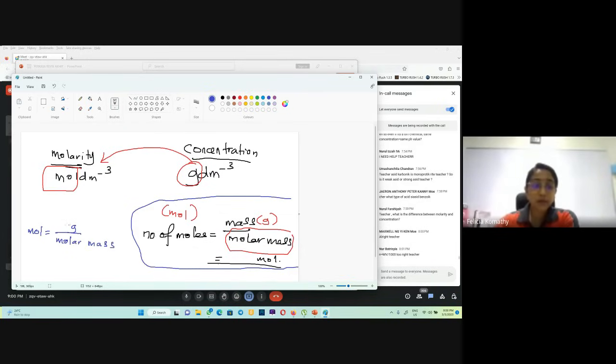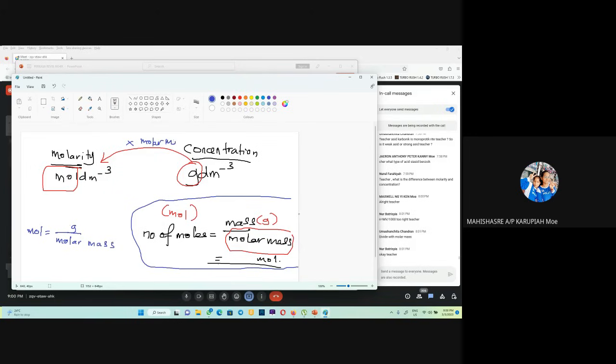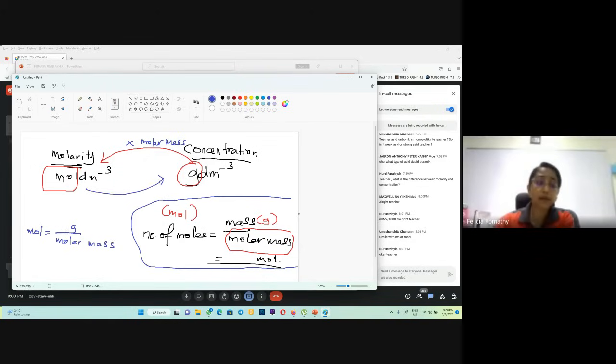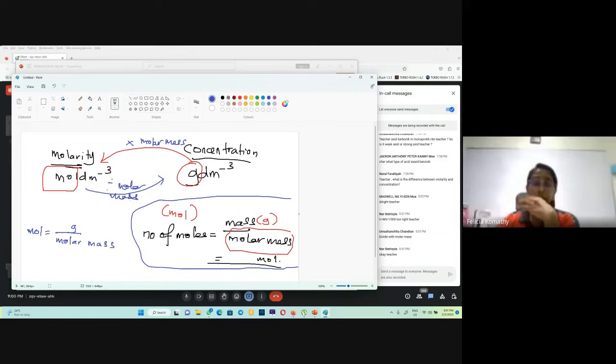So now I want to convert gram to mole. So what should I do? Divide by molar mass, right? If mole to gram, what should I do? Times molar mass. That's how. You don't need to memorize the formula. Don't memorize.